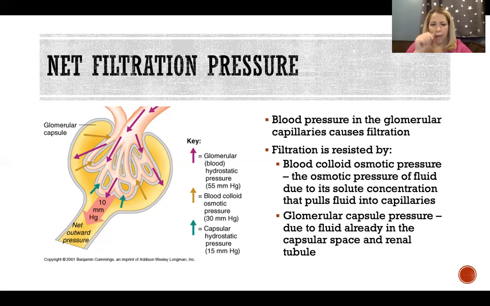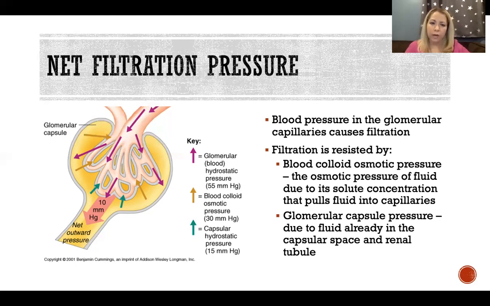So, as long as the whole nephron is working properly and the fluid continues to flow through the whole renal tubule, then that glomerular capsule pressure should remain about constant and should be low enough that blood pressure overcomes the blood colloid osmotic pressure and the glomerular capsule pressure so that filtration continues.